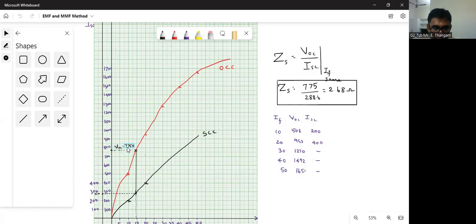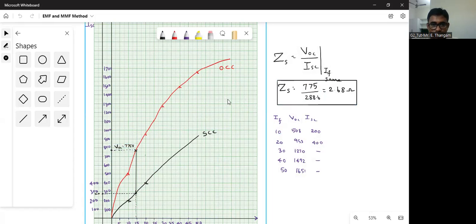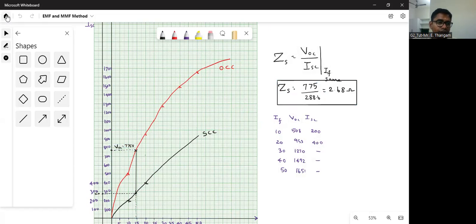The VOC value is 775. So 775 by 288 is 2.68. So ZS is 2.68 ohm, right?